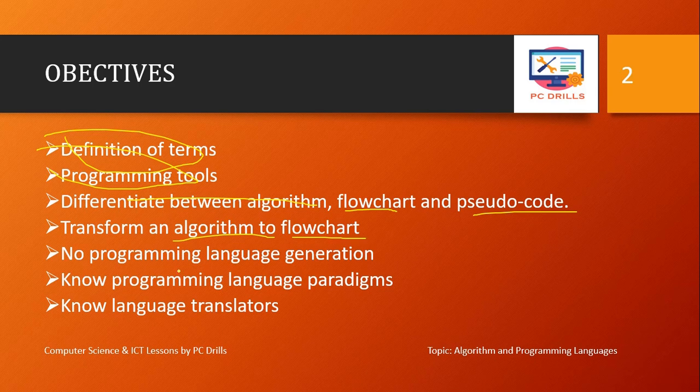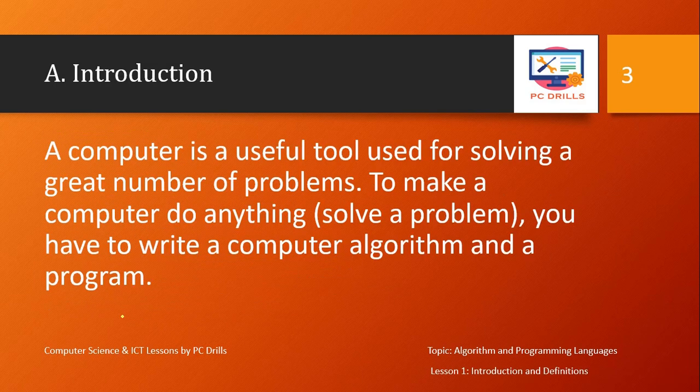Next, you need to know about programming language generations, programming language paradigms, and language translators. All these are in relation to programming languages and algorithms. So if you see any word here and it's familiar, but it's not related to programming, then you are out of topic. So for now, let's just get into what we have to do today.